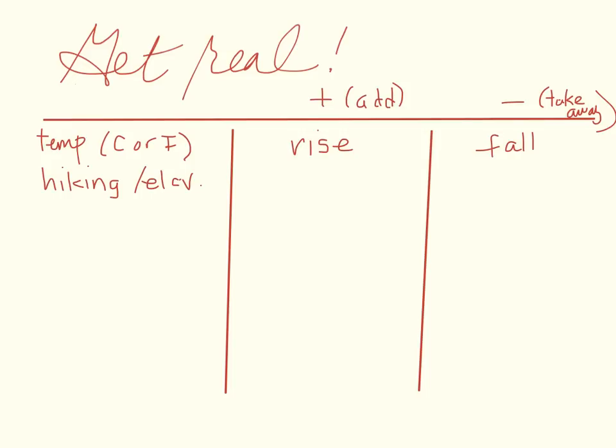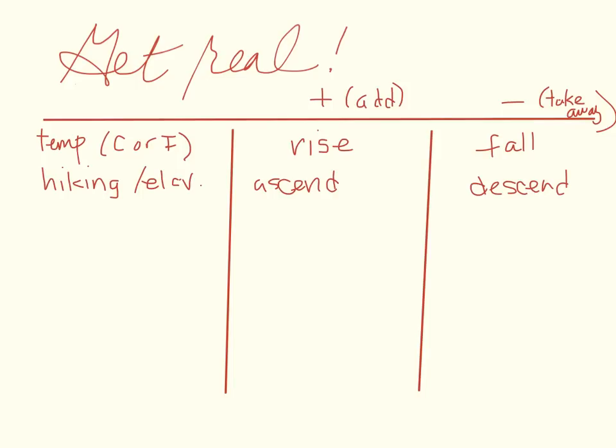All right, so hiking or elevation. And when I hike, well, I don't rise up a hill. I could walk up, I could ascend, or I could walk down or descend. Did I spell that right? I think so. If I didn't, you fix it.